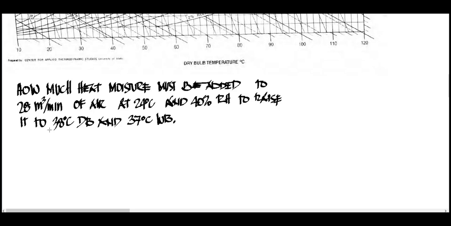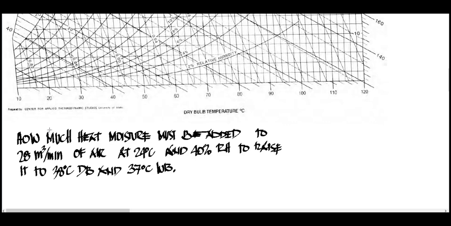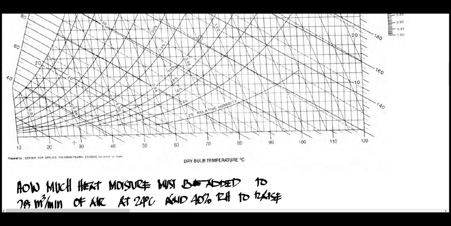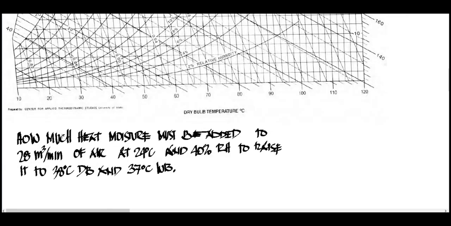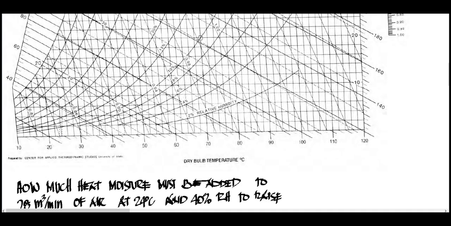Let's start with the 24 degrees. So this is it, we have your 30. I'm plotting 20, 22, 24, 26, 28, 30. So we have 24. I'm going to draw a line at 24 at 40% RH. So where is the 40%?